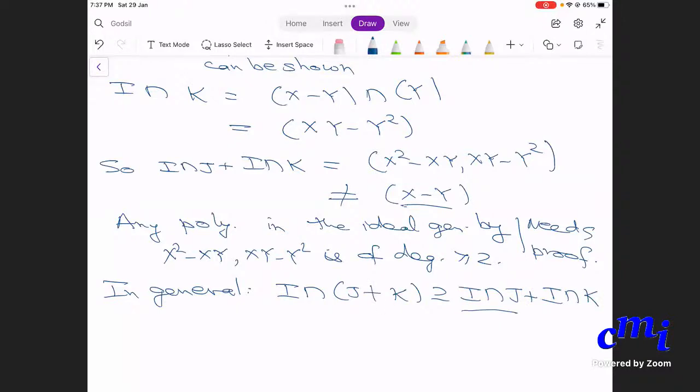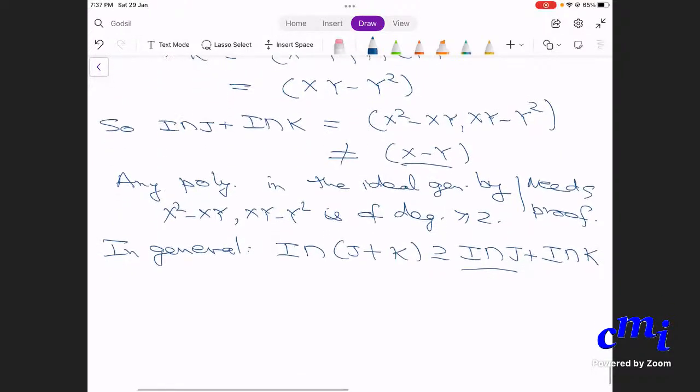If something belongs to I and to J, of course it belongs to I and to J plus K. Similarly, if something belongs to I and to K, certainly it belongs to I intersect (J plus K). And therefore, the sum of these two is contained in I intersect (J plus K). This much is always true.